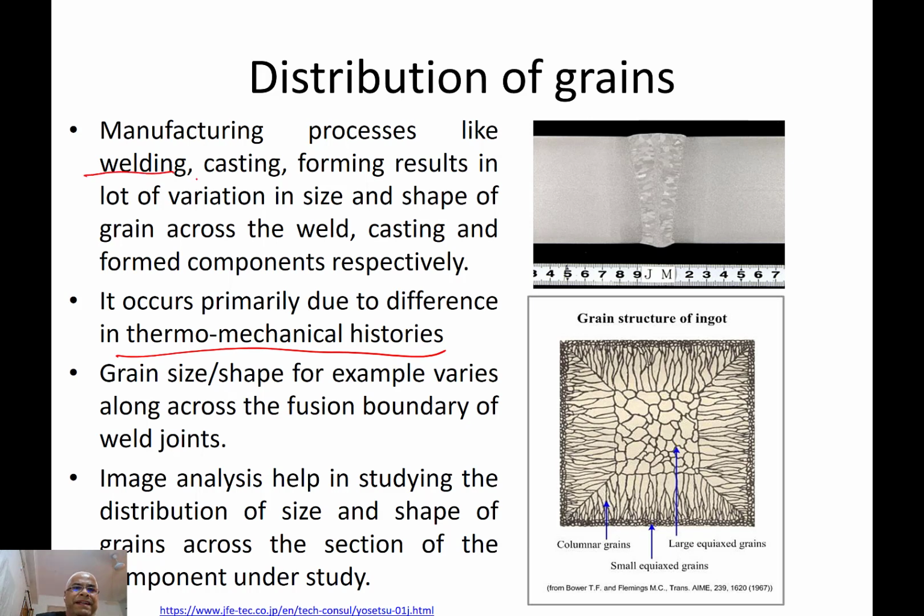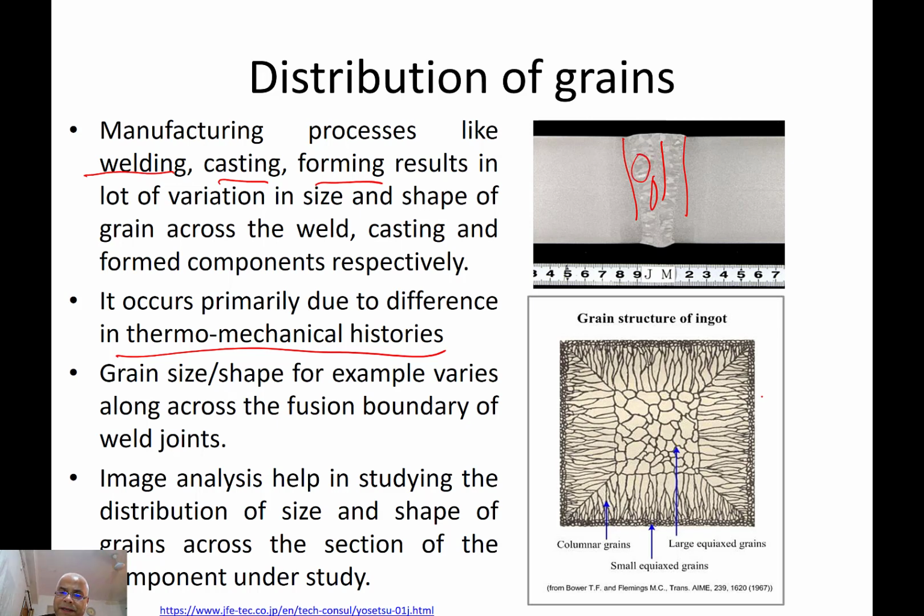For example, welding, casting, and forming lead to a lot of difference in the thermomechanical histories experienced by the metals during processing, and that is why we get a lot of variation in the size as well as the shape. As we have seen, right from the fusion boundary to the center, a lot of variation in the grain size is observed. Usually we get fine grain size at the weld center and coarser grain size near the fusion boundary.